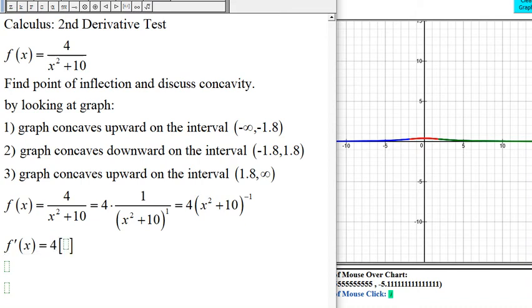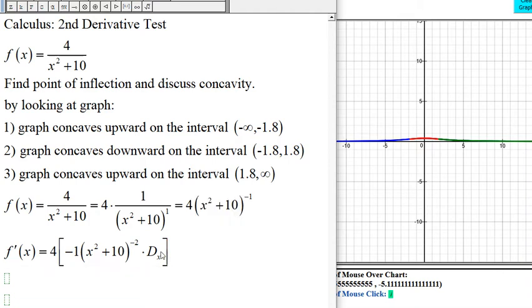So this would be 4. And then the chain rule says to put the exponent in front of the base. The base here is x squared plus 10. So it would be negative 4 times x squared plus 10, and then subtract 1 from the exponent, so we get negative 2. And then times the derivative of the base.